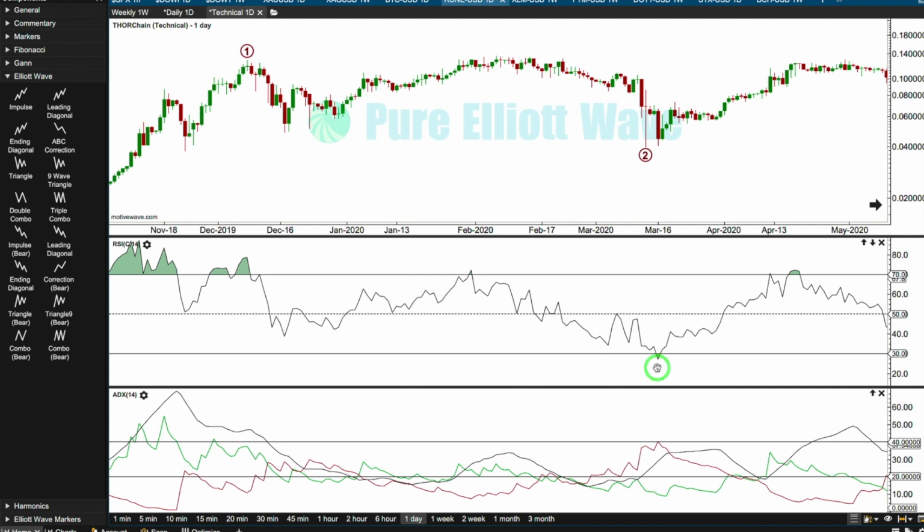RSI reached oversold just after the low. ADX told us in the middle there was, for the B wave, an upward trend which reached extreme. The downward trend did not reach extreme. These upward trends can reach very extreme. This reading is above 60 for this prior piece here.